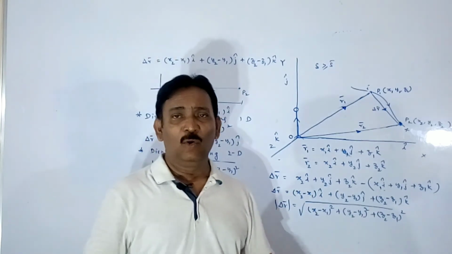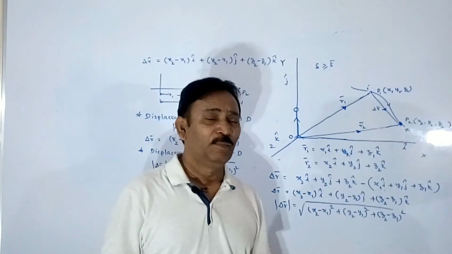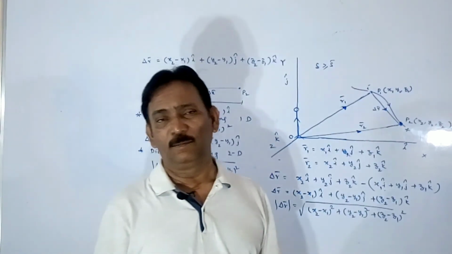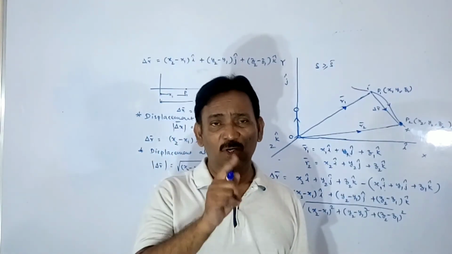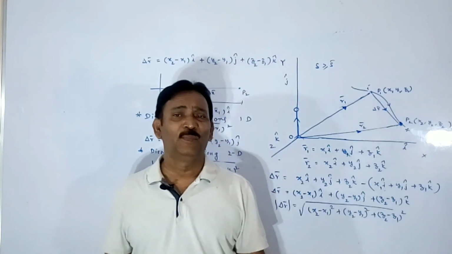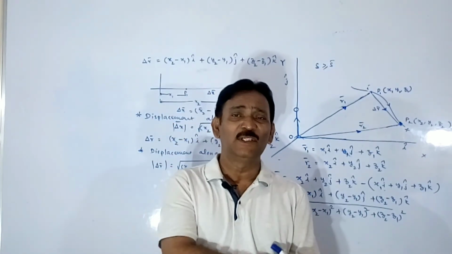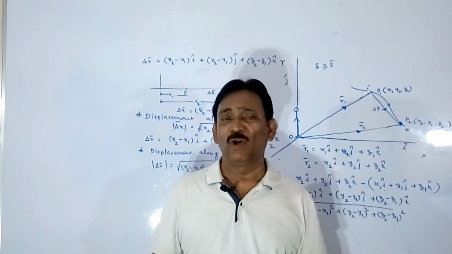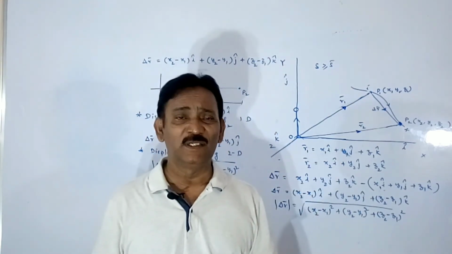We know what displacement is. Displacement is the change in position vector of the particle, or simply the shortest measured length between the two points. And distance is the actual length measured between the two points. If it is a physical quantity, it must have units, isn't it?